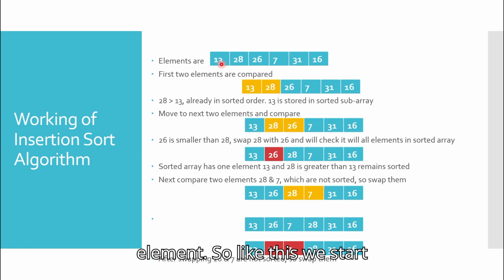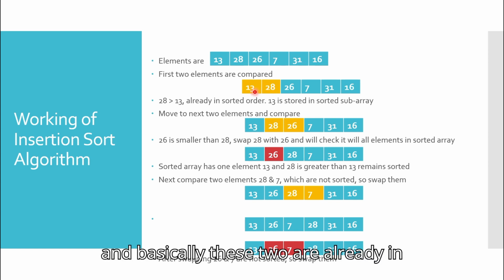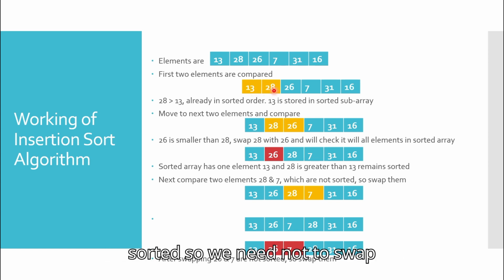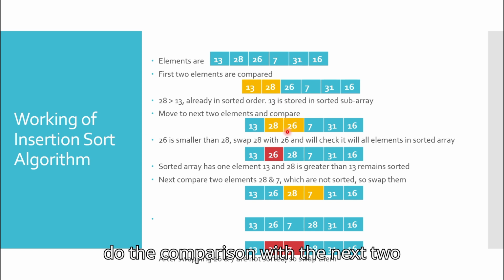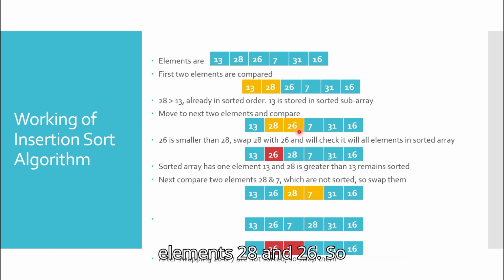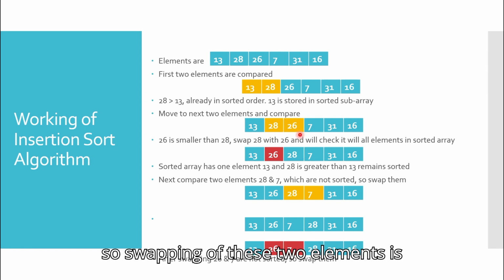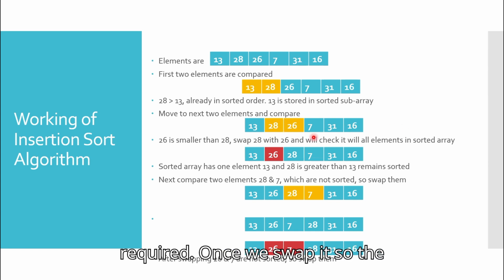We start by comparing 13 and 28, and these two are already sorted, so we need not swap anything. Next we compare the next two elements, 28 and 26. Here 28 is greater than 26, so swapping is required. Once we swap, the elements become 13, 26, 28, 7, 31 and 16.